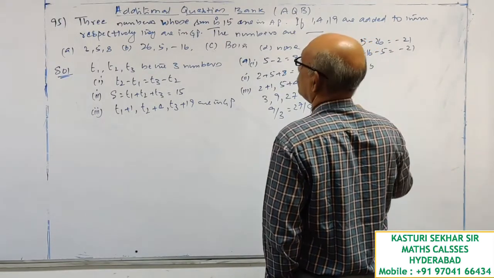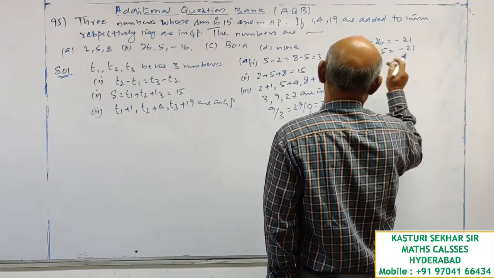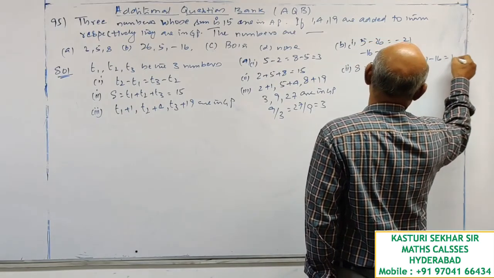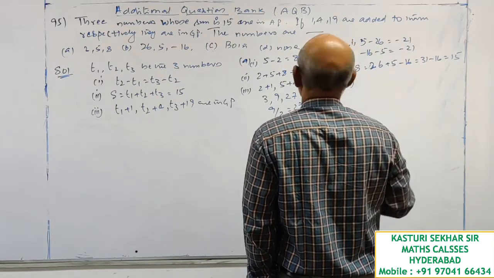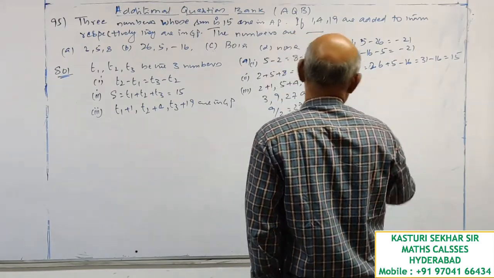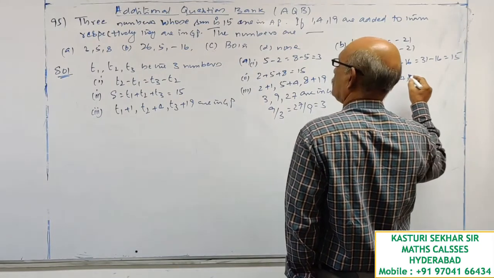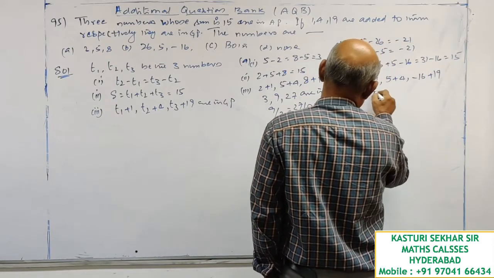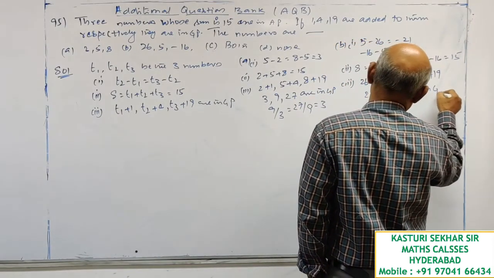S is equal to 26 plus 5 minus 16. 31 minus 16 is 15. Here also the second condition is satisfied. 26 plus 1, 5 plus 4, minus 16 plus 19. 27, 9, 3. These are in geometric progression.